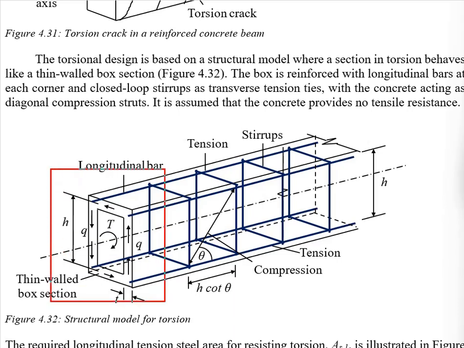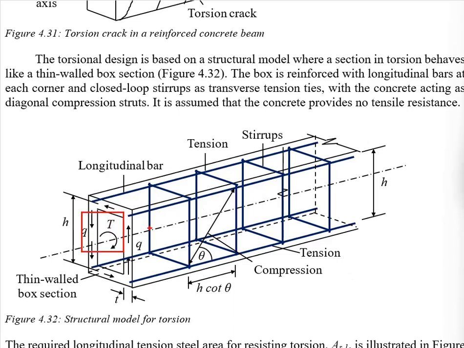We assume that the member here is a thin wall box section, even though it is a solid member. The box here is reinforced by the steel bar at each corner with shear link as a loop, being the transverse tensile ties, and the concrete as the compressive diagonal strut.